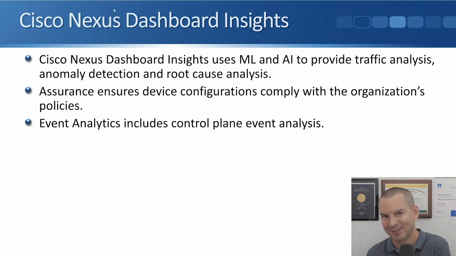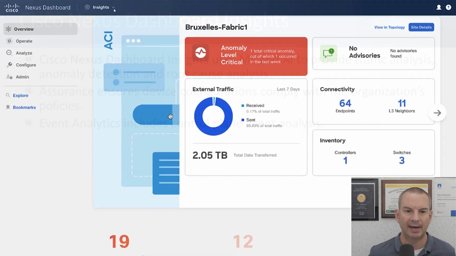You're seeing a running theme here now. Assurance ensures device configurations comply with the organization's policies, not just their running configuration, also software versions, hardware capacity, things like that. And event analytics in there includes control plane event analysis.